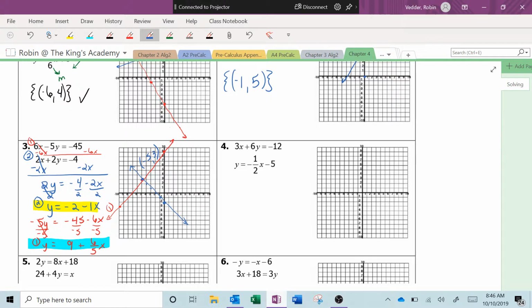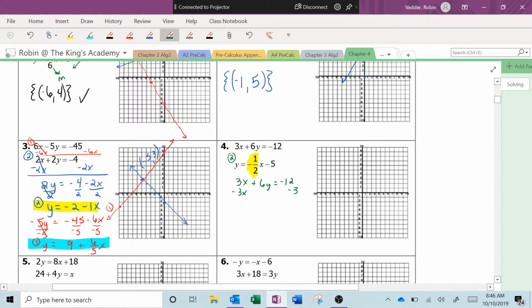Alright, for the next one, we know the slope of the second line is -1/2, but how do we find the slope of the first line? How do we find the slope of the first one? Yeah, subtract the 3x. So if we subtract the 3x, I'm going to rewrite it down here and do it.